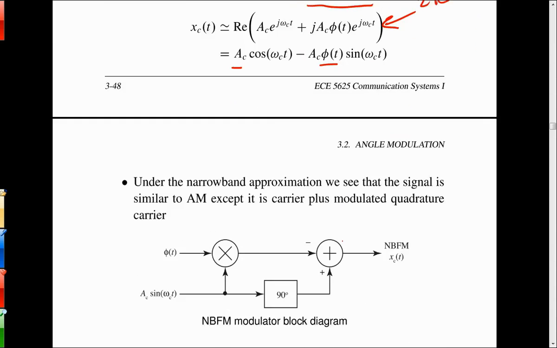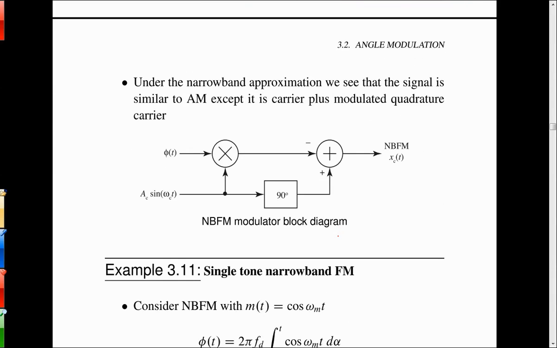So this is a block diagram of that, just showing you that sine multiplies times the small message, the narrowband message, where phi is much less than 1 in magnitude, and then you add the carrier term on. So that's called narrowband FM.